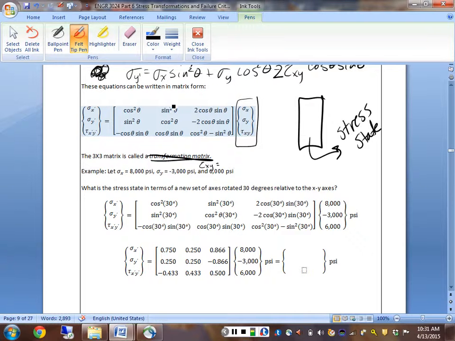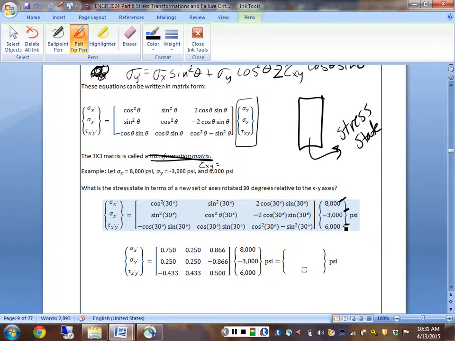All right. So if I then say, okay, x prime and y prime are rotated 30 degrees, I plug in my sigma x, sigma y, and tau xy, and I program my calculator, I program MATLAB, or I do this by hand. Whatever. It's matrix math. Remember how to do it.